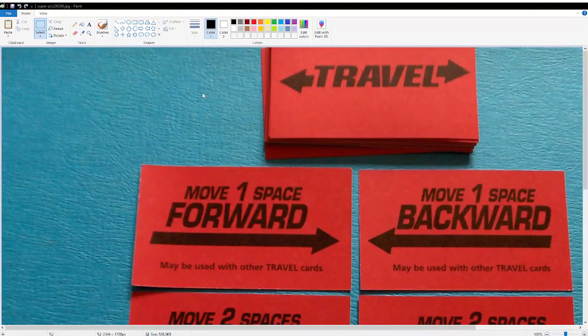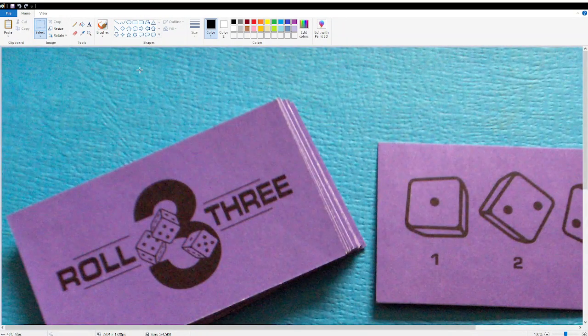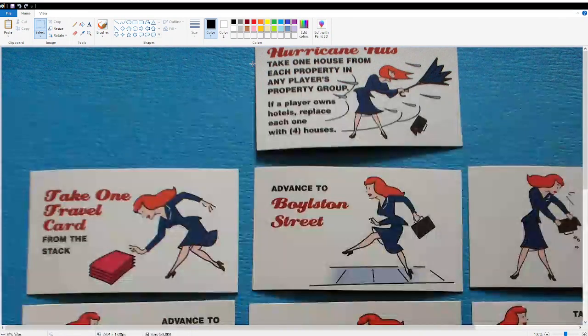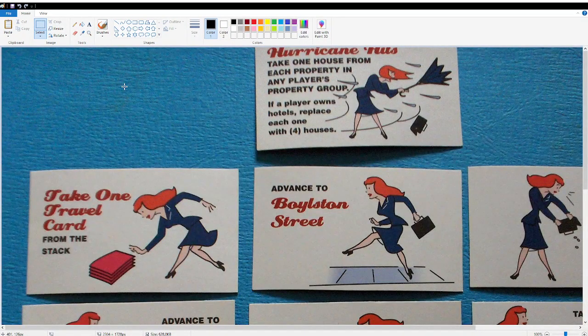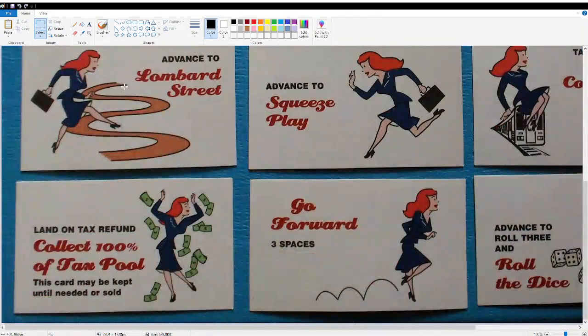Not what I'm looking for. That's the roll 3 cards, which I've decided I want to burn in hell. These are the additions to... You know what? I don't remember if these are supposed to be chance or community chest, and in any event, I don't actually care.